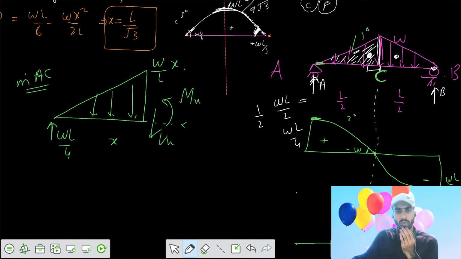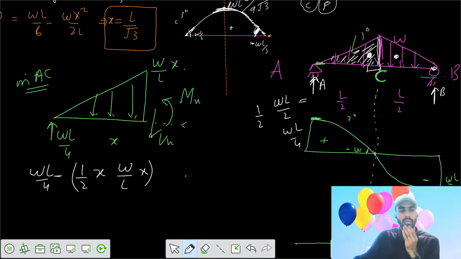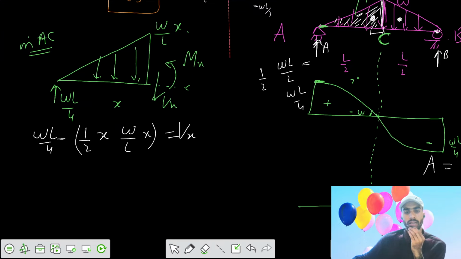We can say what the shear force variation is. We can write WL by 4 minus the area of the triangle, 1 by 2 X into W by L into X. Then you have the shear force minus Vx equals to 0, so we can write it as Vx. Then the value at X equals to 0, the shear force equals to WL by 4, that we already plotted.